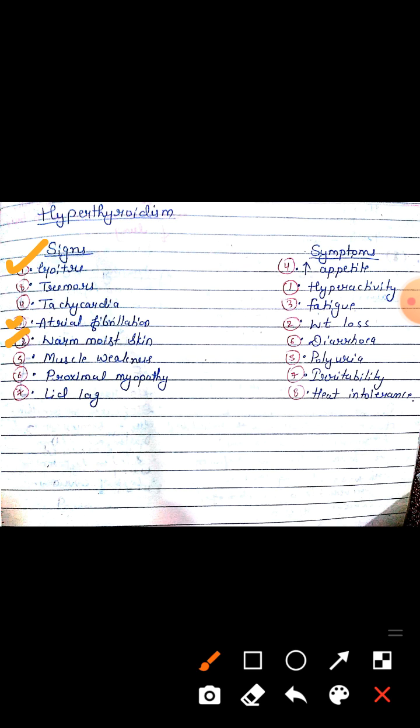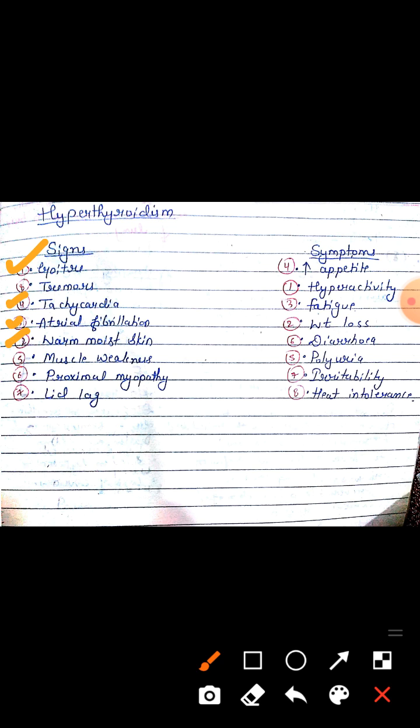So the third sign is atrial fibrillation. He will also see that there is tachycardia, because when he's touching, he could feel the atrial fibrillation by palpating. Then he will also see there is tachycardia because he could sense the pulse. So he will see, okay, there is tachycardia also.